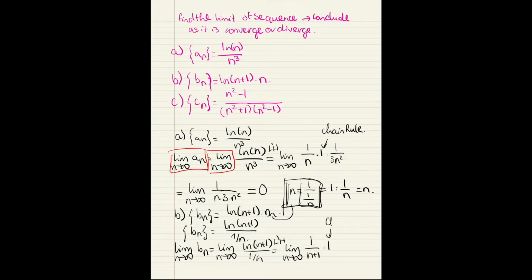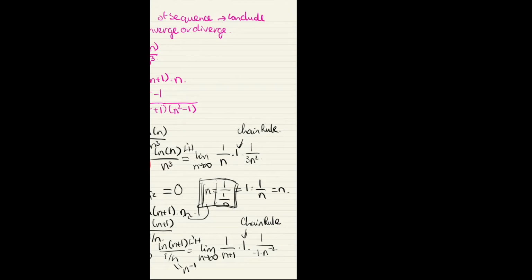This is the chain rule. And then 1 over n, you can write as n to the minus 1, so it's times 1 over minus 1 times n to the minus 2. Which means limit of n to infinity of n squared over n plus 1 with a negative sign.